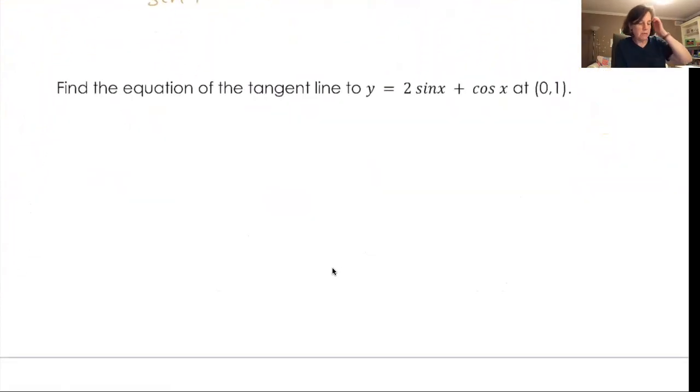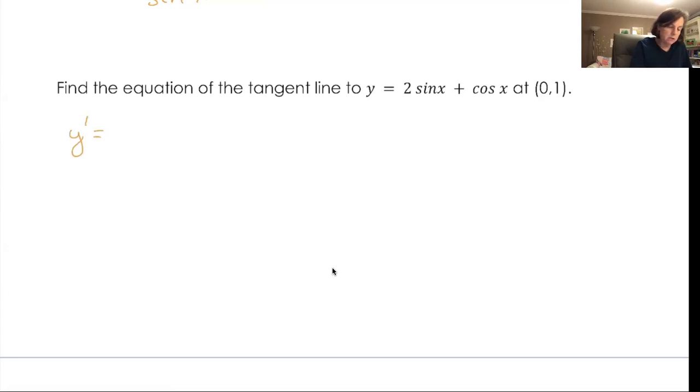Find the equation of the tangent line to y equals 2 sine x plus cosine x at 0, 1. All right, so derivatives give us slopes of tangent lines. So that's the first thing I'm going to have to do, find the derivative of y.